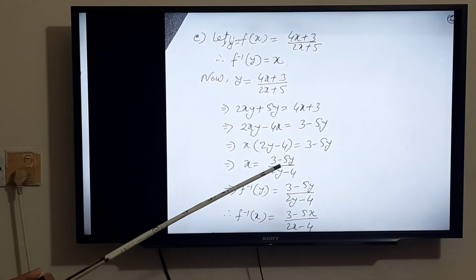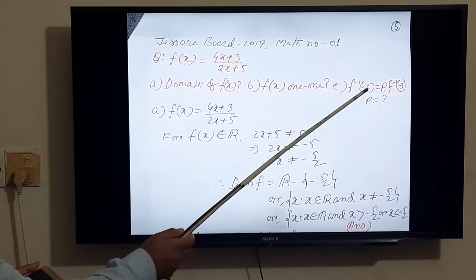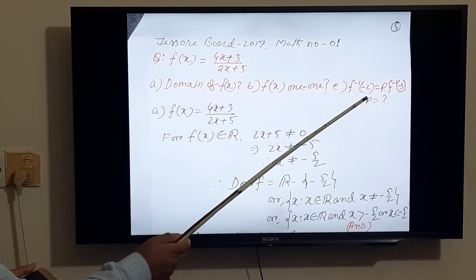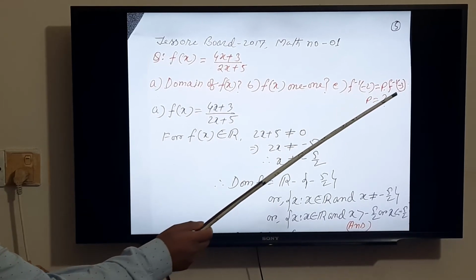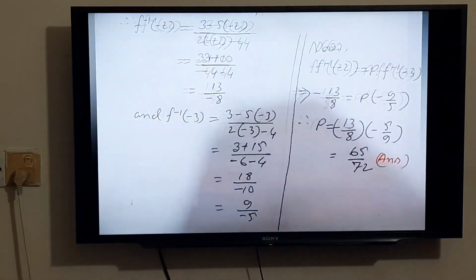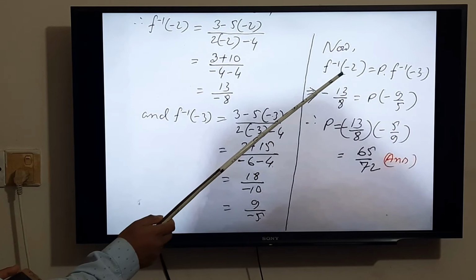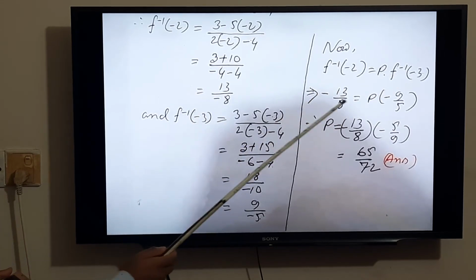Okay, our question is this. You have to replace the value of f inverse of minus 2 and f inverse of minus 3. The values are this.